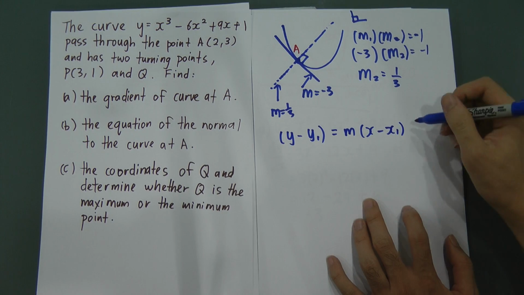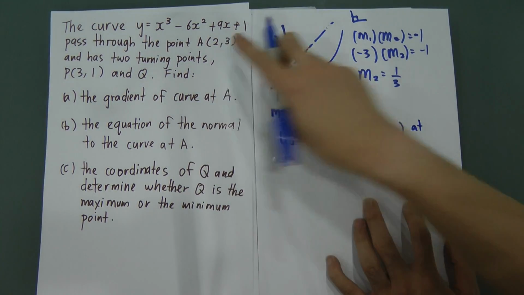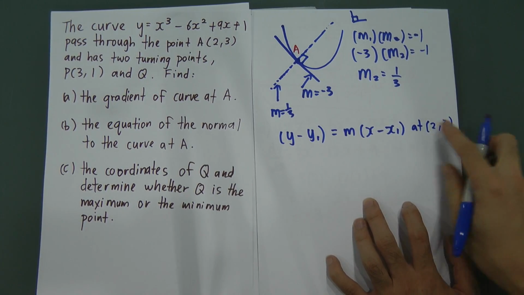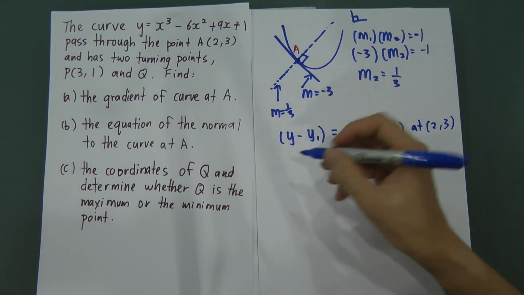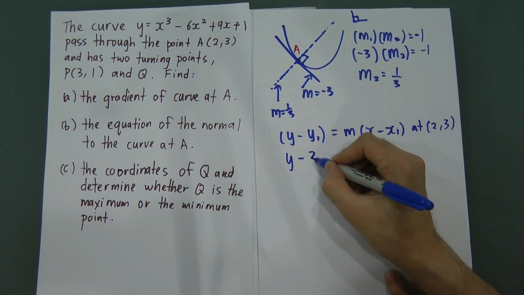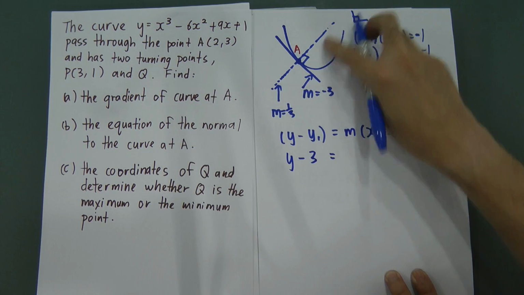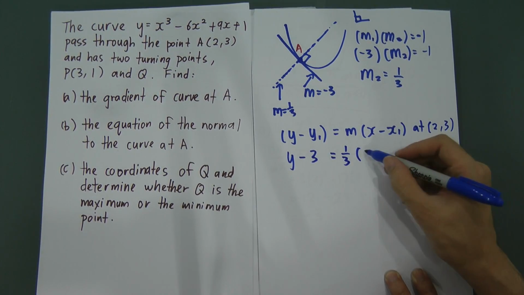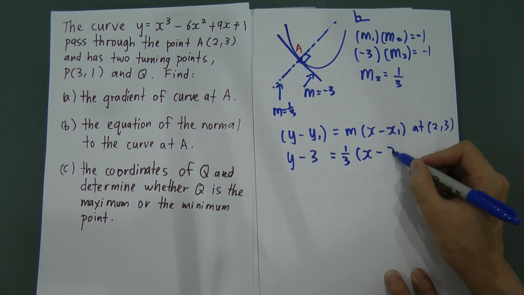At one point he gave us point A, which is (2, 3). So I just put 2 and 3 into x1 and y1. So y minus y1, I put 3, equals m, and m for this one is 1 over 3, and then x minus x1, which is x minus 2.